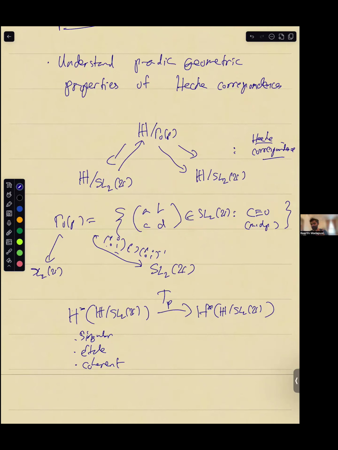A lot of the times, when you want to understand the arithmetic of these operators, you find yourself wanting to, first of all, define these operators over number fields. You have the theory of canonical models for modular curves, or more generally Shimura varieties.